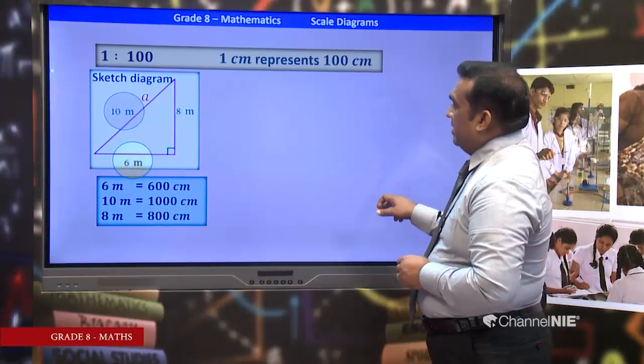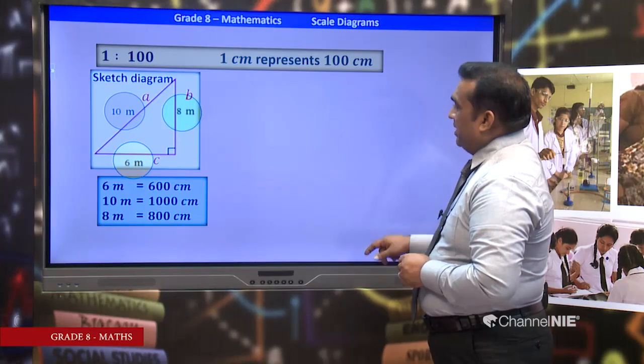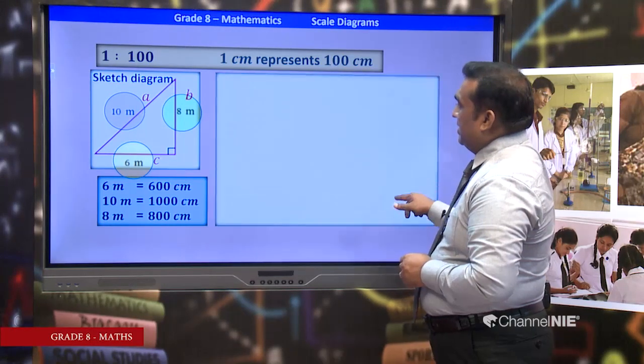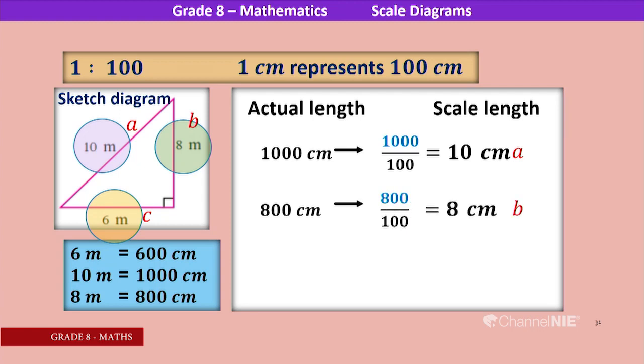A, that is C, that is B. Actual length, scale length: 10 centimeter, 8 centimeter, 6 centimeter. Instead of 10 meter, you can use 10 centimeter.